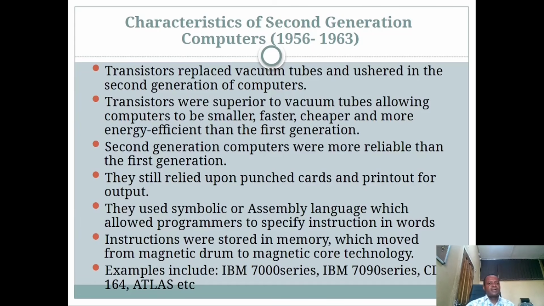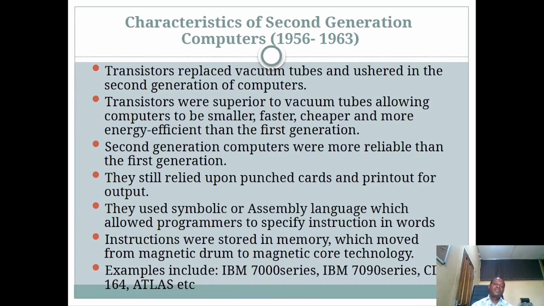But when the second generation computers came out with transistors, computer systems became much smaller than the first generation computers, and they were faster, cheaper, and more energy efficient. That means that they did not consume much energy as compared to the first generation computers.